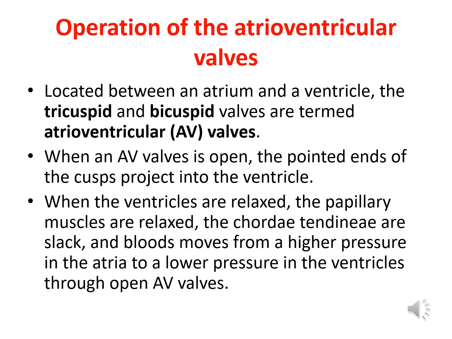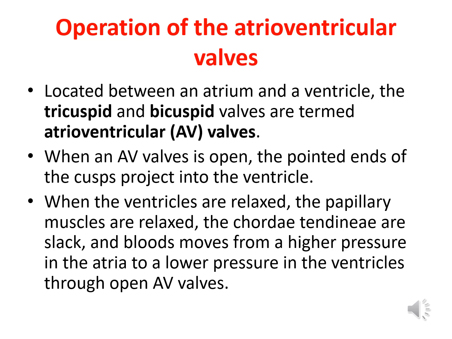Operation of the atrioventricular valves. Located between an atrium and a ventricle, the tricuspid and bicuspid valves are termed atrioventricular valves or AV valves. When an AV valve is open, the pointed ends of the three cusps of the tricuspid valve or two cusps of the bicuspid valve project into the ventricle.